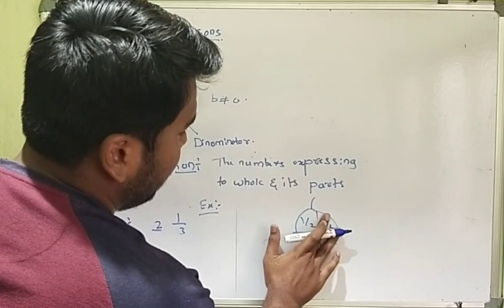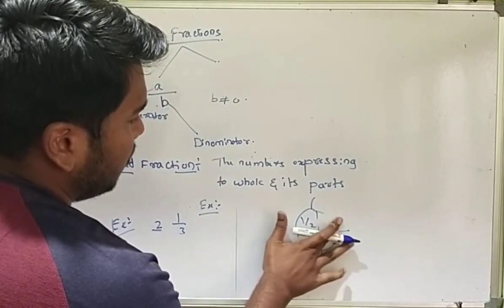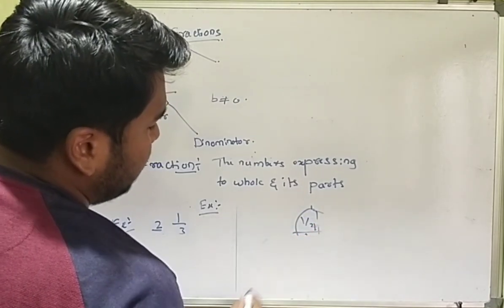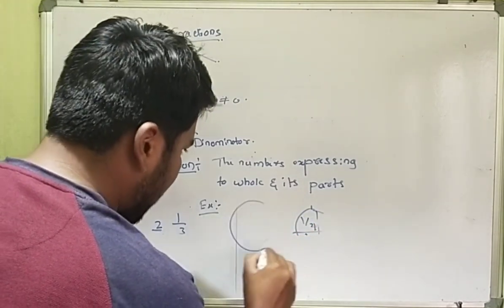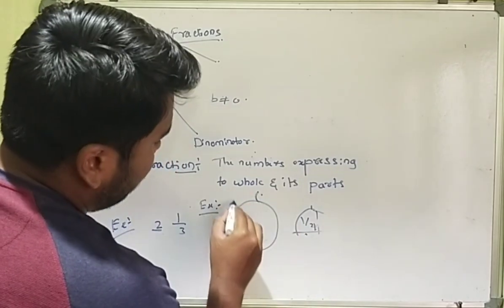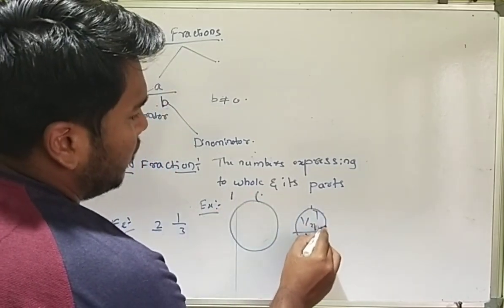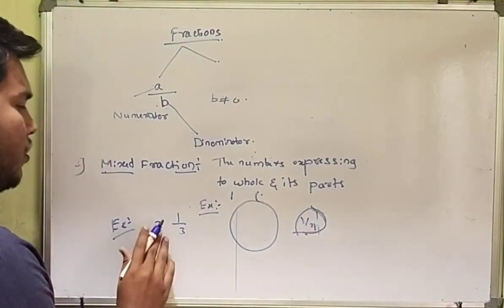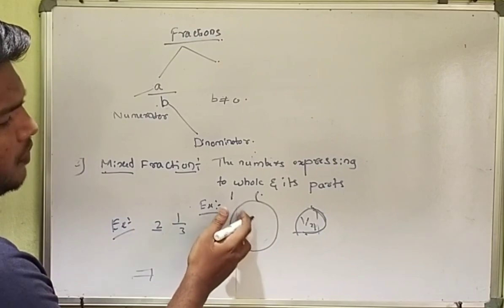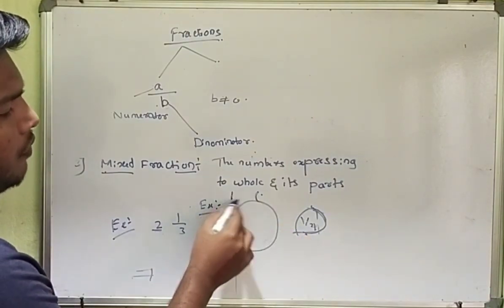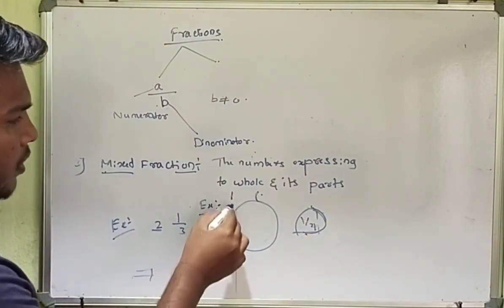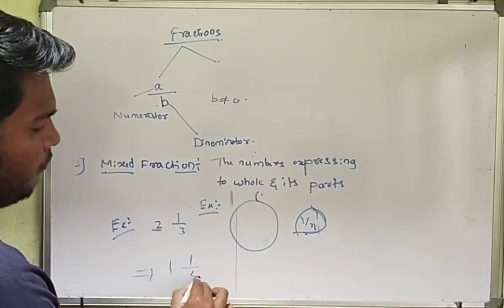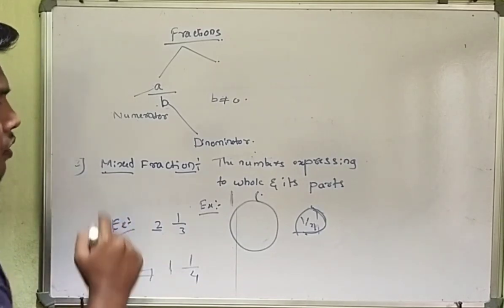So I keep the half part, and I keep this as 1 by 4, I keep this part, and this as 1 by 4. So this is one apple and this is the apple portion, 1 and 1 by 4. To write it as a mixed fraction: 1 integer, that is 1 apple, with 1 by 4. This is the example for a mixed fraction.